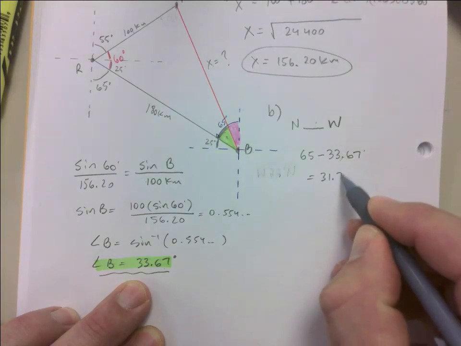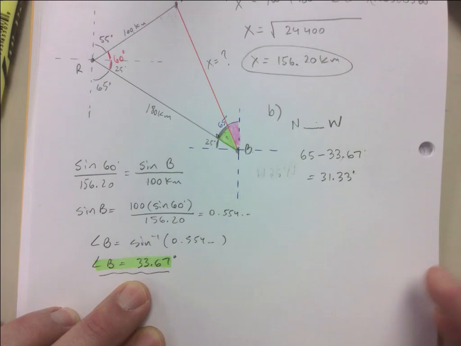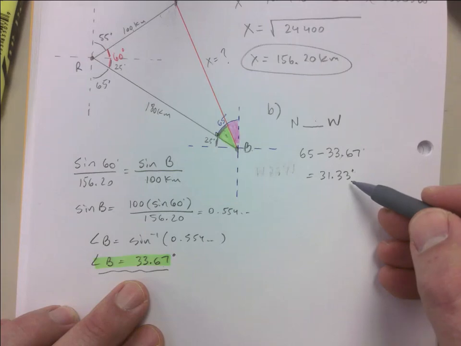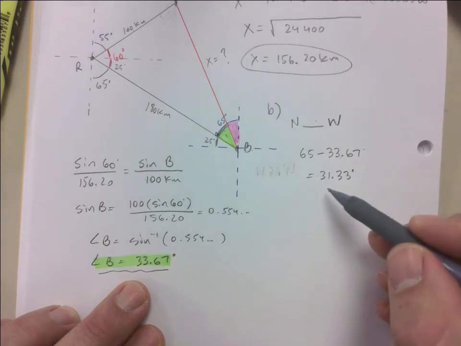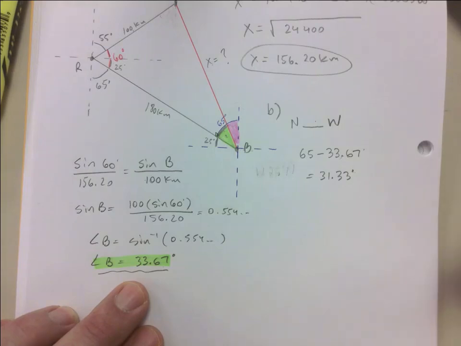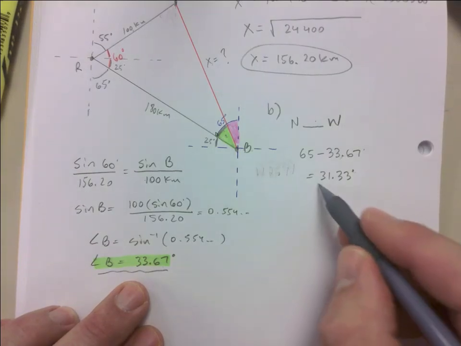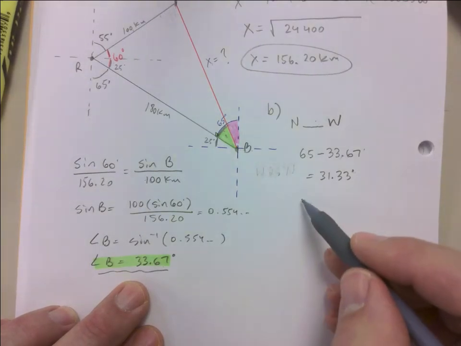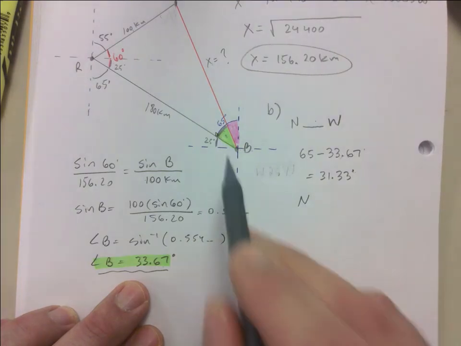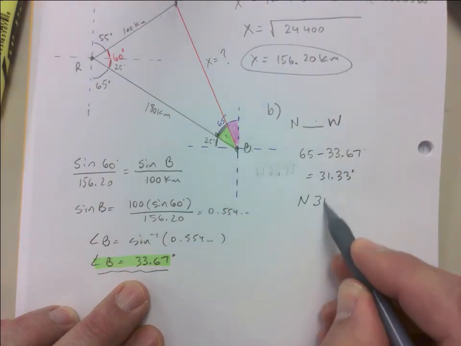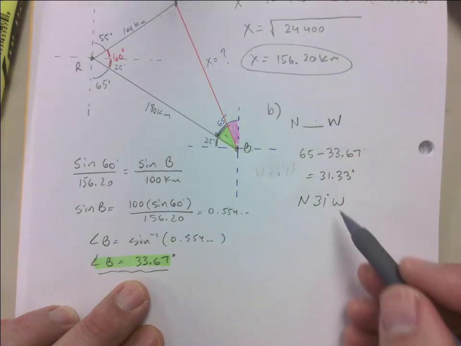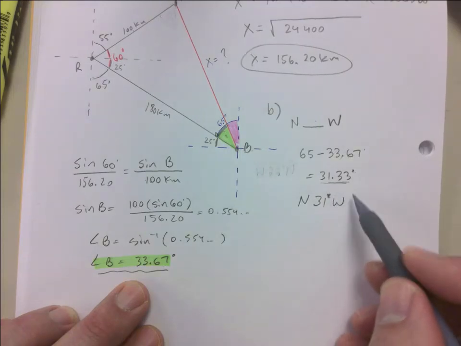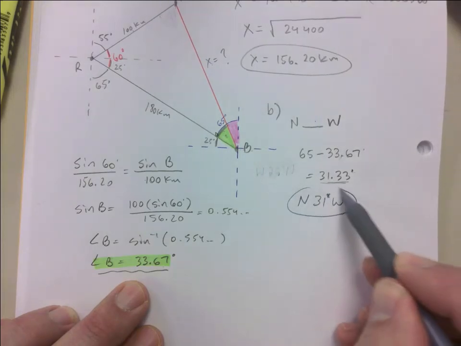31.33. And someone asked me, Joao, I think you asked me, can I leave it as a decimal or can I do a whole number? In reality, you would do a whole number. Like no tower would probably give you a decimal for your compass direction. So I would say either way is fine. So this would be north 31 degrees west, okay? Because I rounded that. So if you wanted to leave it as a decimal, I'm fine with it.